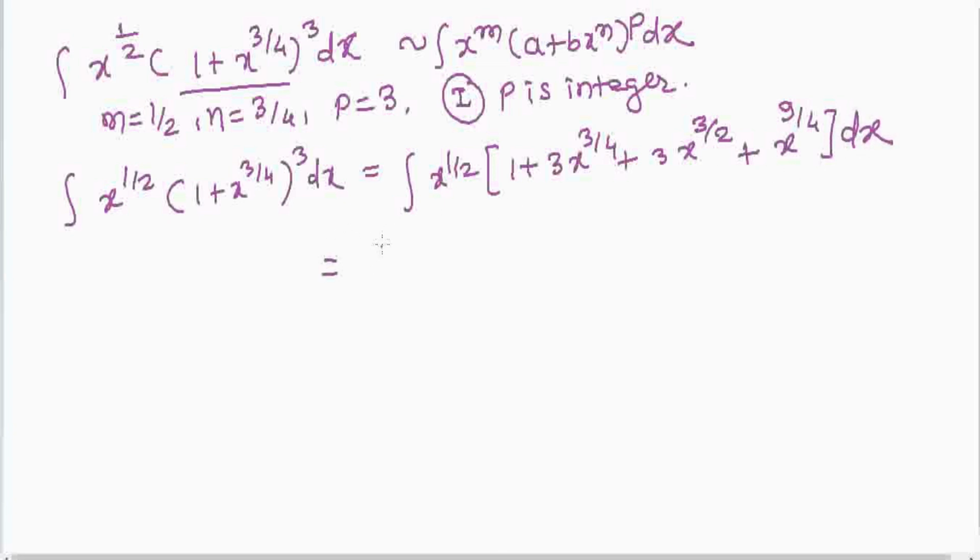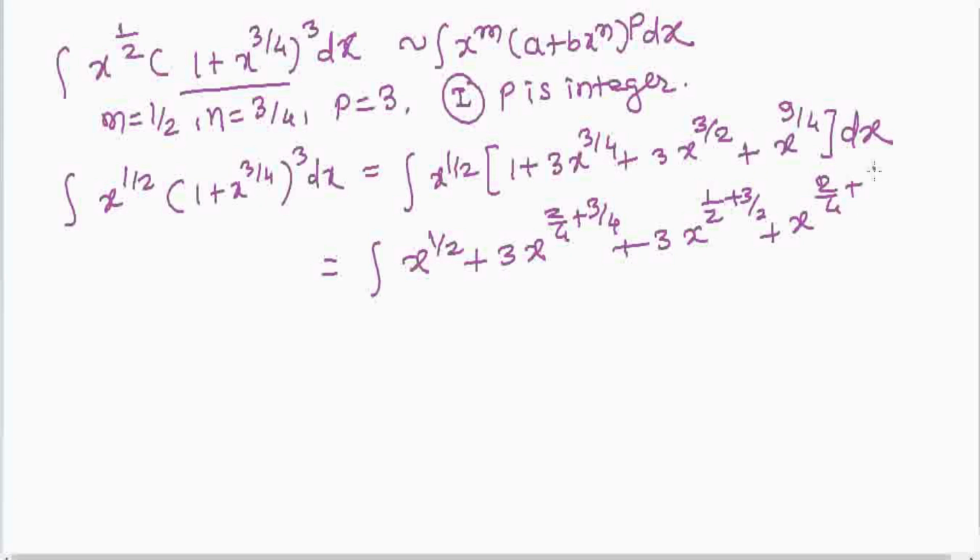Now multiplication: the first term is x raised to 1 by 2, plus 3 into x raised to (3 by 4 plus 1 by 2), that is 2 by 4 plus 3 by 4, plus 3 into x raised to (1 by 2 plus 3 by 2), plus x raised to (2 by 4 plus 9 by 4), into dx.